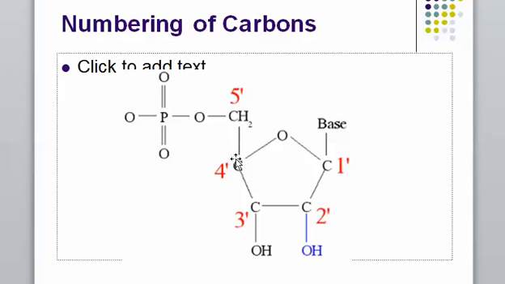Carbon 4 is there, carbon 5 is there, and again, something special is going to happen there as well. So what exactly goes on in these locations? What goes on at the 3'? What goes on at the 5'? These are the special points on the sugar that begin to hook up all of these nucleotides in a row to make the nucleic acid.